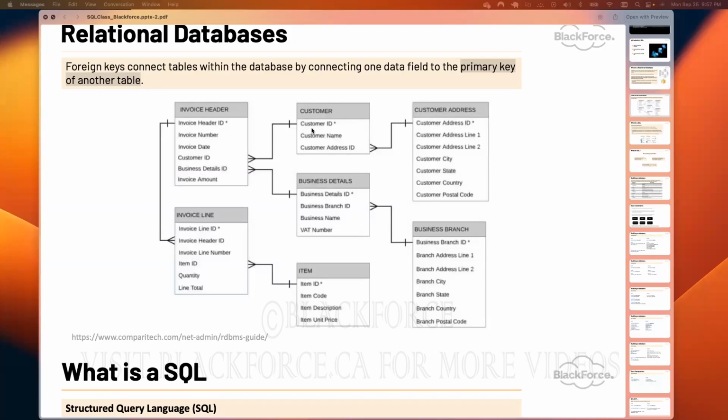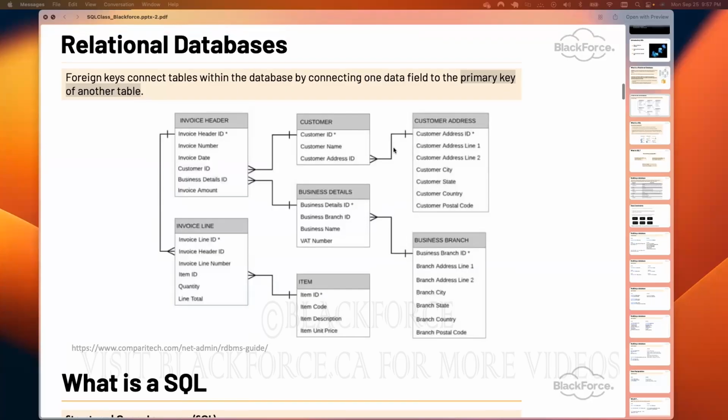The customer table has a customer ID, which is a unique or primary key. And then it has the name of the customer and the customer address ID. So this table doesn't have the customer's actual address. It just has an identifier, the customer address ID. This customer address ID is the foreign key because it links to the primary key of another table.